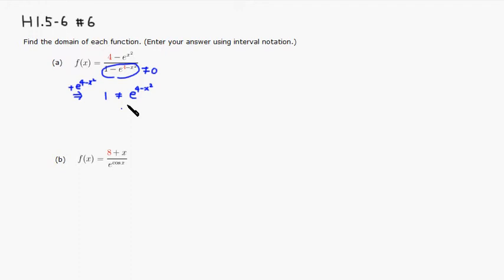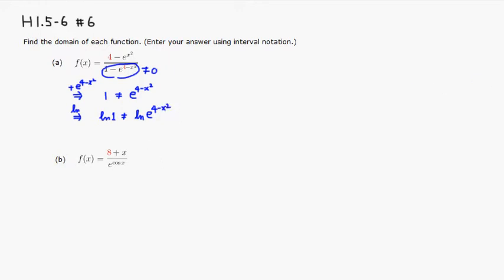Then to solve it, since we want to isolate x, I'm going to just take the natural log of both sides. So you would have the natural log of 1 cannot be equal to the natural log of e to the 4 minus x squared.